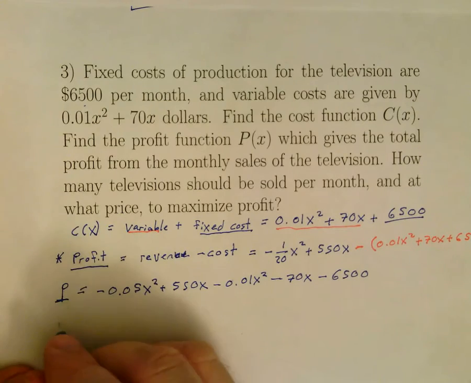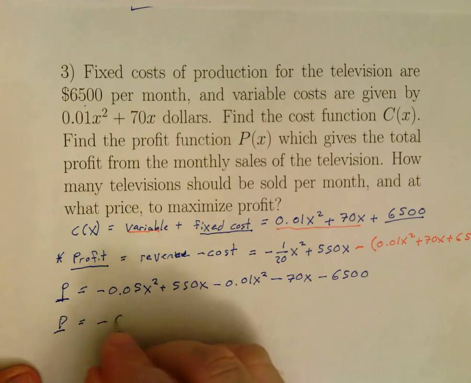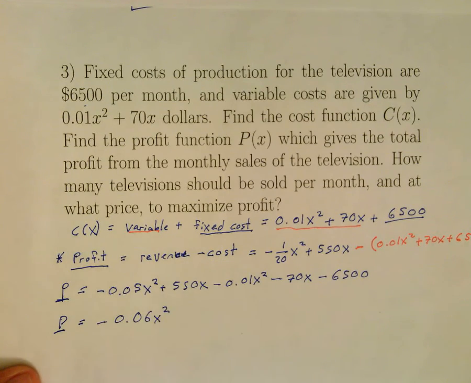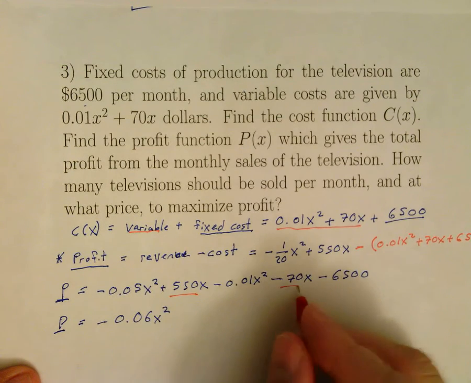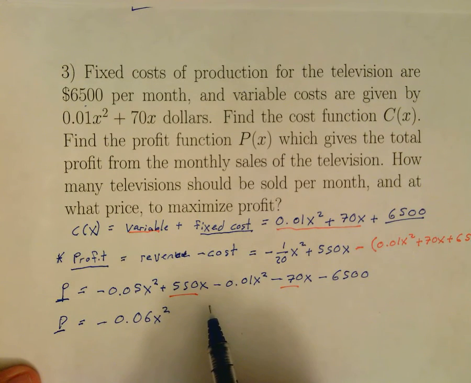Okay. So my profit, let's just clean this up a little bit. That and that. This is going to be minus 0.06x squared, and then I'm going to combine all my x's. That should be 480.